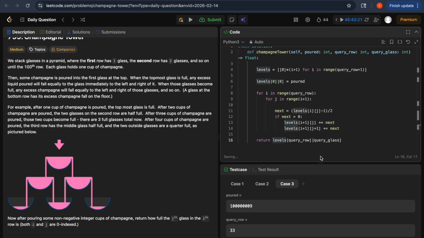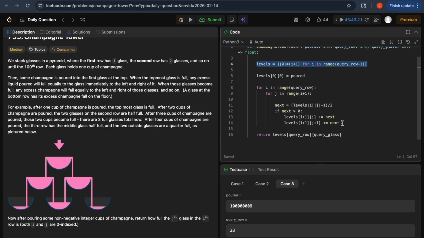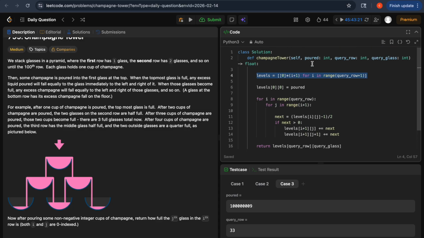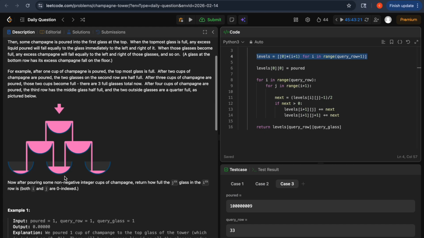But one thing to note here is we are creating the levels only till the query row as range, right? We are not creating the complete 100th row, in order to save the memory space. So there may be some cases where, for example, the poured value given here is 4, right?